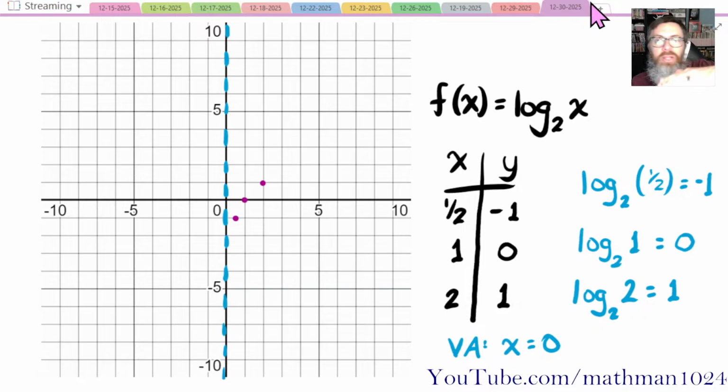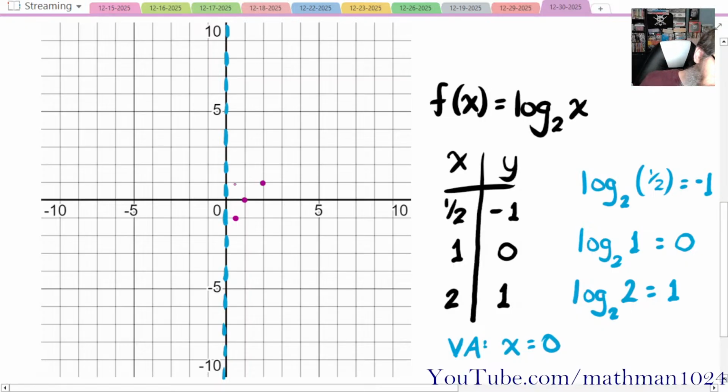So every step I go up, because my base is 2, I'm going to double the distance from that vertical asymptote. So you see here that we have a distance of 1. Here is a distance of 2. If I go up one step more, I should have a distance of 4 from this vertical asymptote. If I go up another step, I'll be out here at 8. So this distance from that vertical asymptote is going to be 8 units.